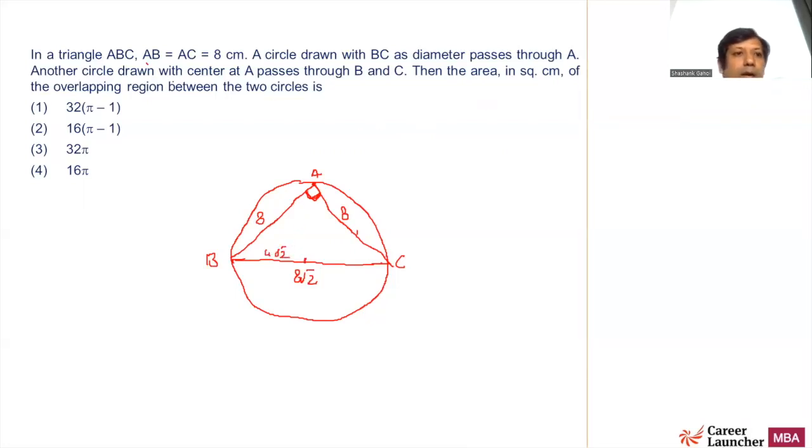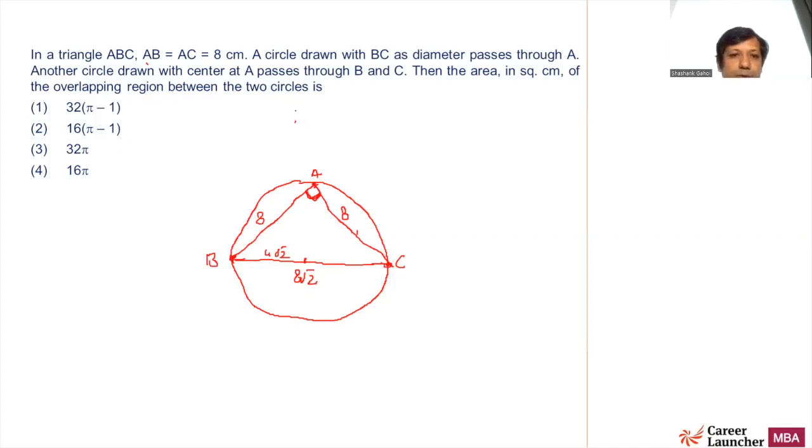Now, another circle is drawn with center A passing through B and C. So basically, another circle is drawn from this point and it is passing through B as well as C. It means the radius of the circle is going to be 8.